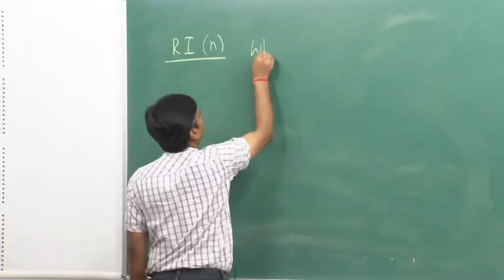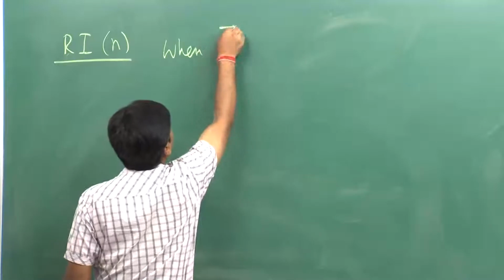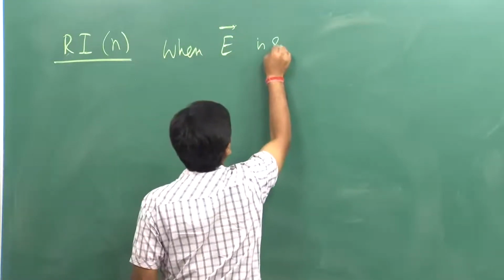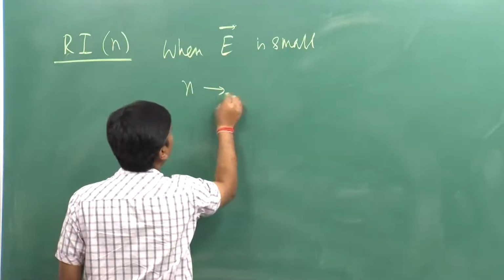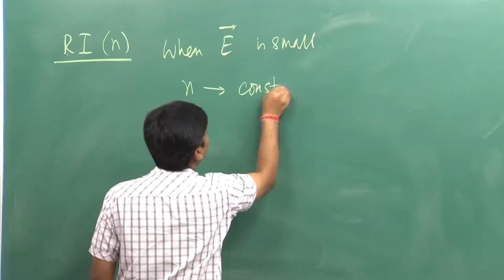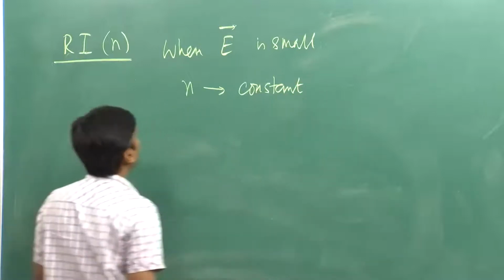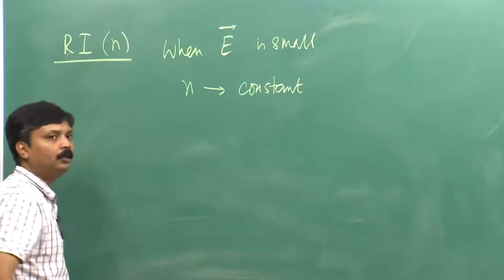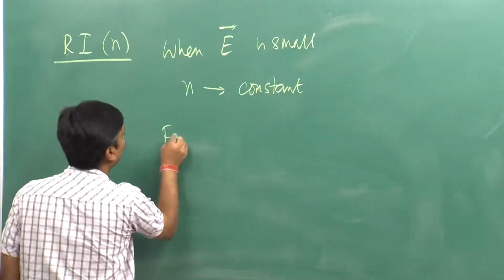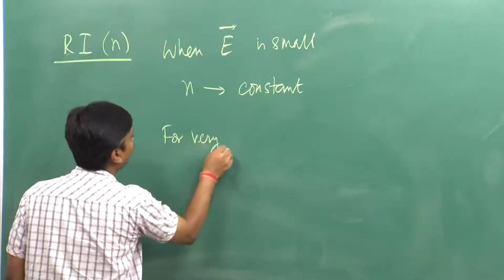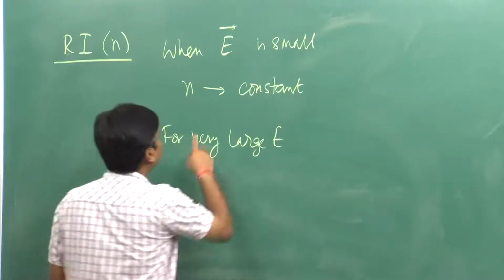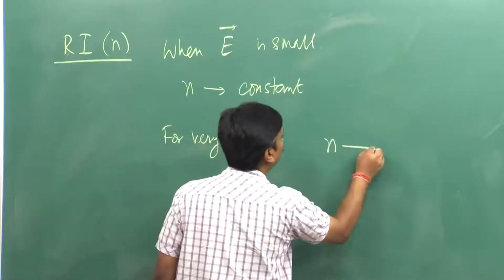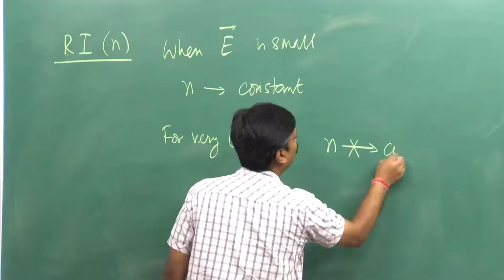When electric field strength is small, n is fairly constant. When E is large, for very large E, n is no longer a constant.